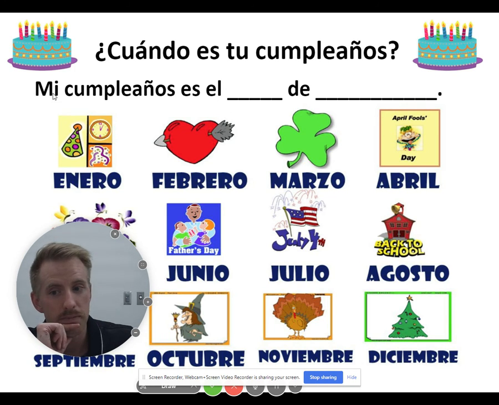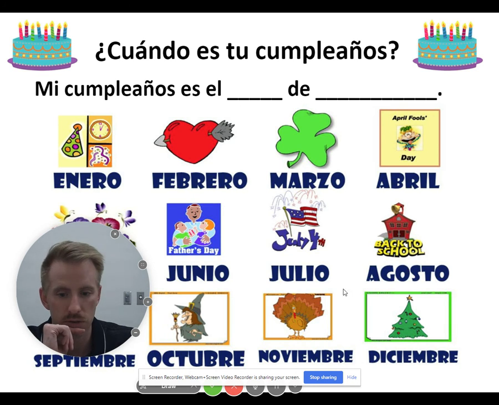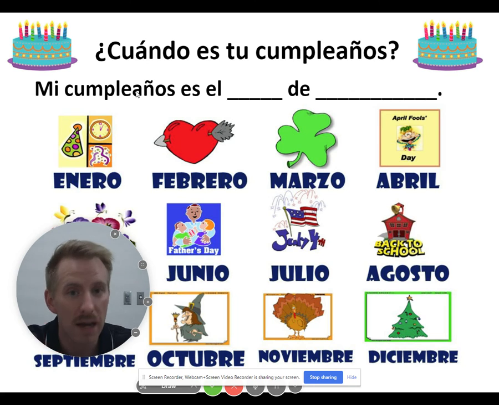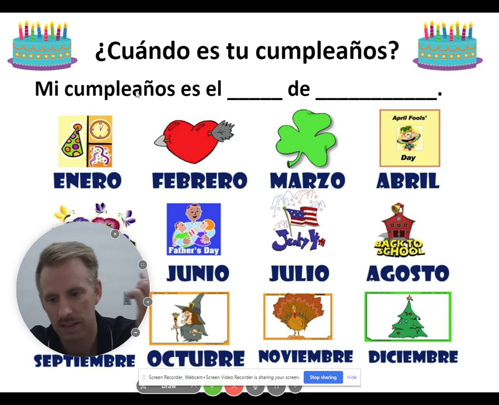Mi cumpleaños, my cumpleaños, es el 25 de julio. Es el 3 de agosto. Es el 6 de junio. Or I could say el cumpleaños de mi papá, the birthday of my dad. I know that's how we say it in Spanish. We don't say mis papás cumpleaños. There's no apostrophe S in español, okay?